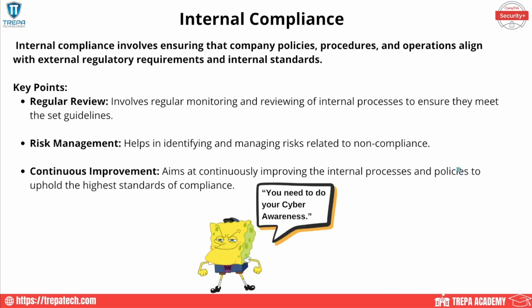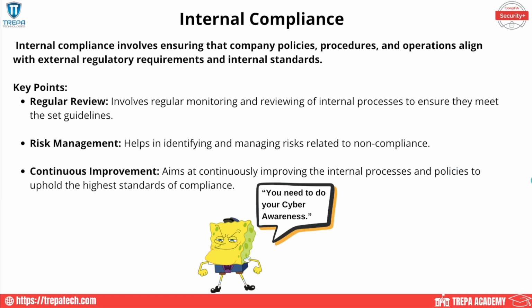Internal compliance. So internal compliance involves ensuring that company-driven policies, procedures, and operations align with external regulatory requirements and also internal standards. So what we mean by this is, as an organization, we're going to have our business objectives. And we're going to have some business unique compliance that we're going to have to make sure our users are compliant with and our organization as a whole.